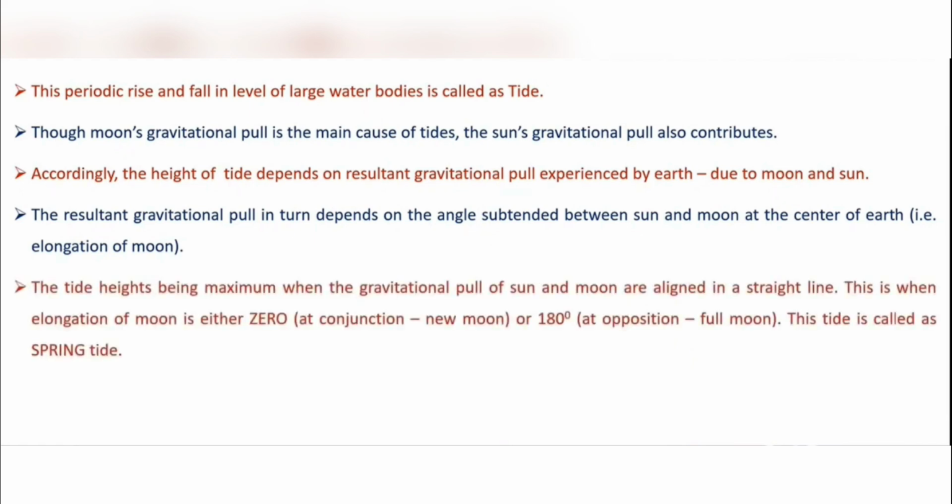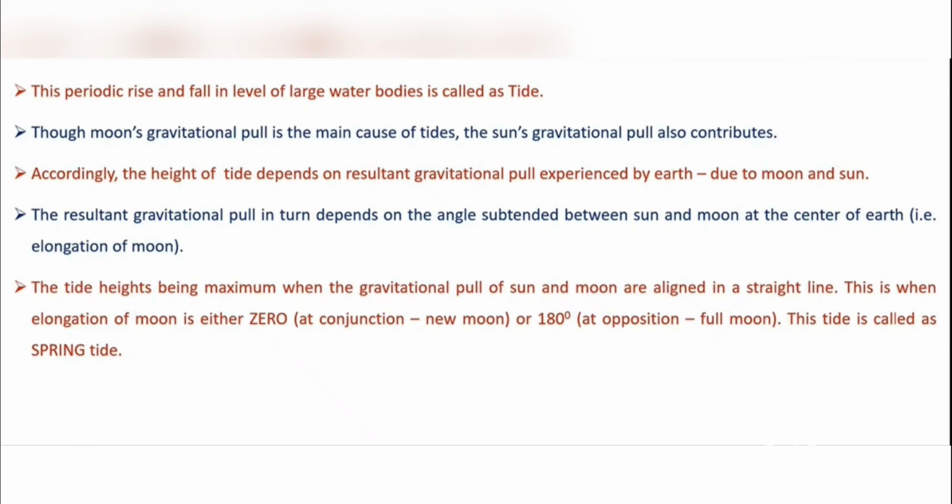The tide heights are maximum when sun and moon are aligned in a straight line. That means the gravitational pulls are along a straight line, whether they are on the same side of the earth or they are on opposite sides of the earth.